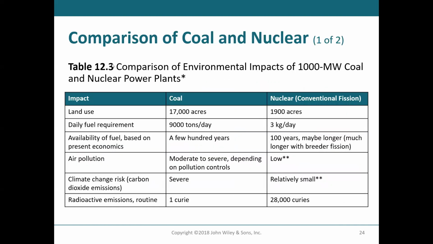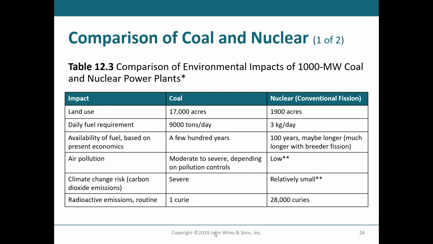Here is a side-by-side comparison of coal and nuclear in terms of land use, daily fuel requirement. As you can see, land use is significantly less because you just have a power plant. Coal, you need to take into account the mining of it. Daily fuel requirement is very low as well for nuclear compared to coal.